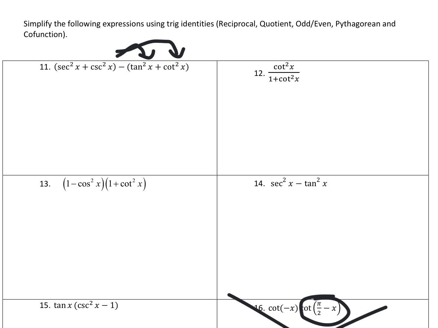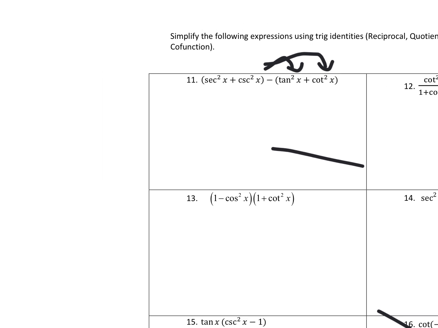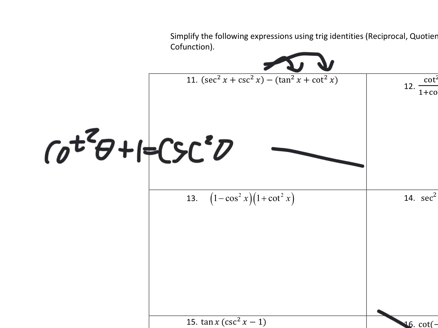So grab that off the sheet, maybe write it off to the side and go, oh, this one seems important. Cotangent plus 1 is cosecant. Maybe you can just do a direct swap. I see cosecant, so I can put in this. Or maybe you'll have to rearrange it and get cosecant minus cotangent together, and maybe you subtract something from both sides first. I'm not saying on this one what you should do.